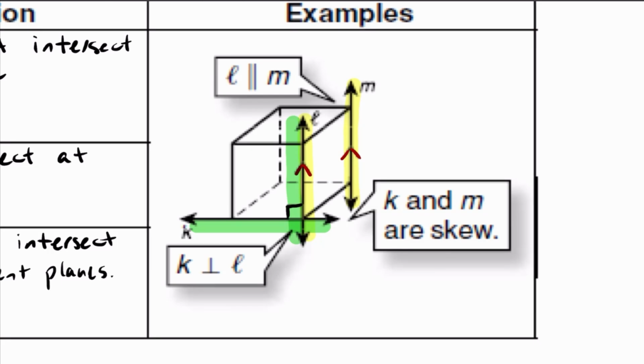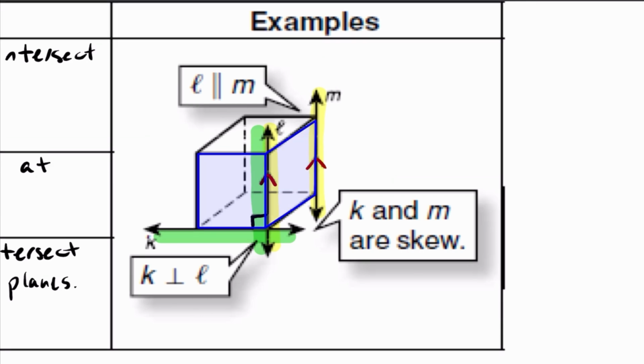First off, I want to take a look at these two planes here. This plane and this plane. We know just by looking at the speech bubble here, K and M are skew lines.